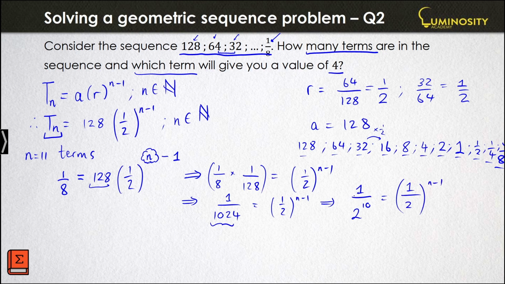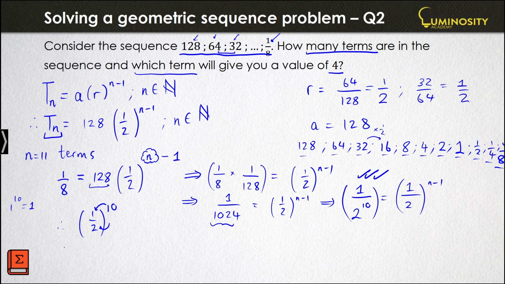Now, my exponential laws will allow me to write this term as 1 over 2, all raised to the power 10. The reason being is that if I use my exponential laws, I get 1 to the power 10, which is just 1, and then I get 2 to the power 10 in the denominator. So I get this exact same term back. That is why knowing your exponential laws is critical.